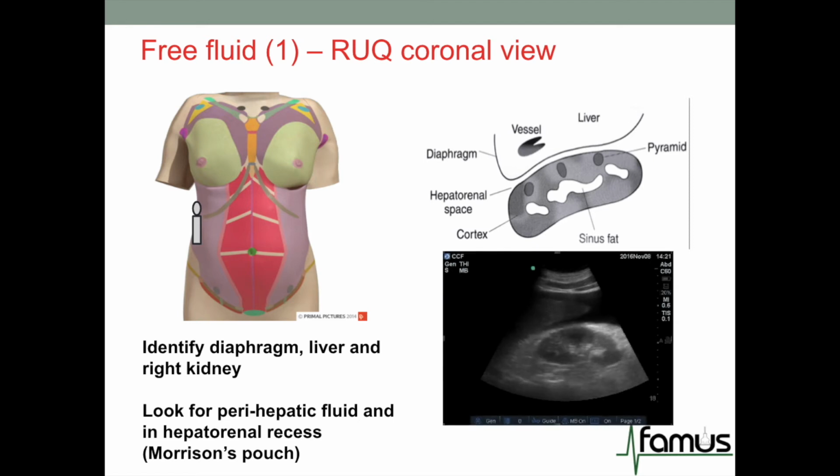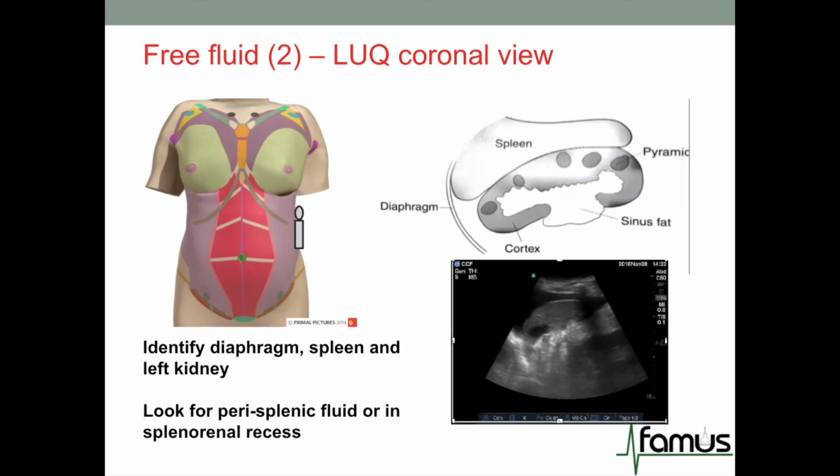You need to put the probe above the ribs in the coronal position with the dot pointing upwards, so that whatever appears on your screen on the right will be cranial, and whatever appears on the left of the screen is caudal. And with this projection, you will have to identify the diaphragm, the liver, and the right kidney, identifying the Morrison pouch and the fluid that could be collecting in this virtual space.